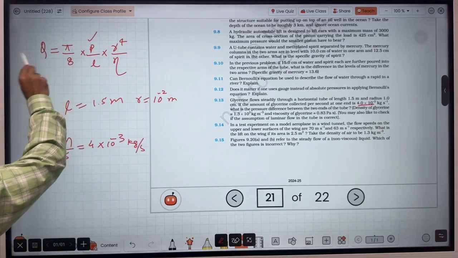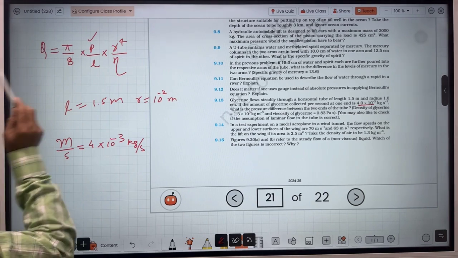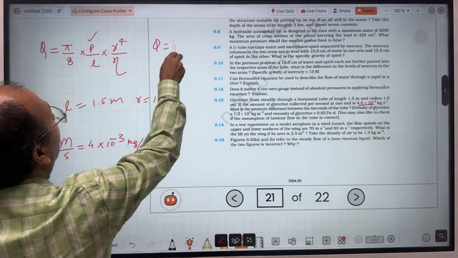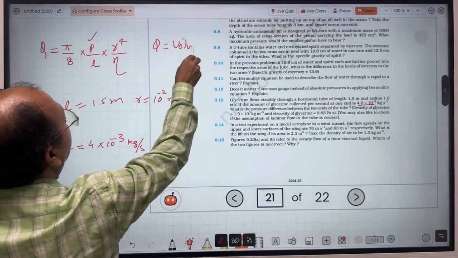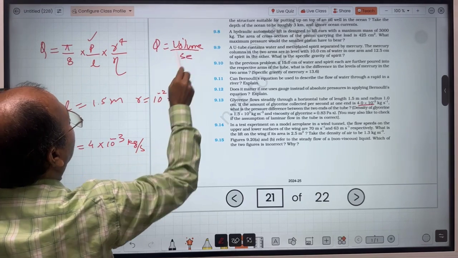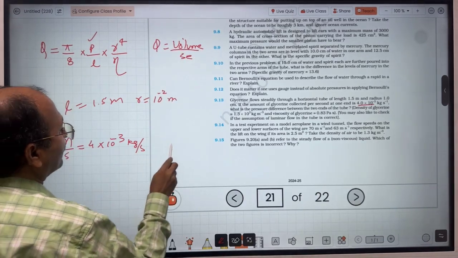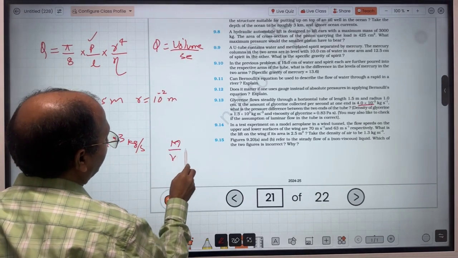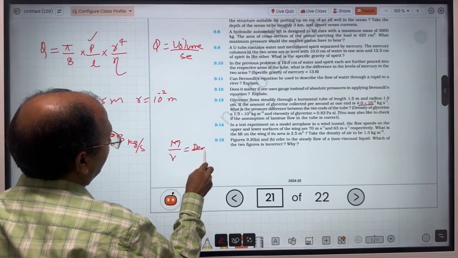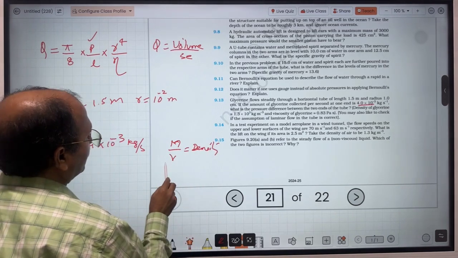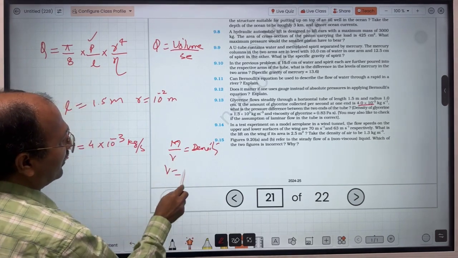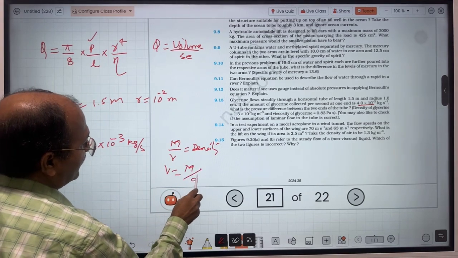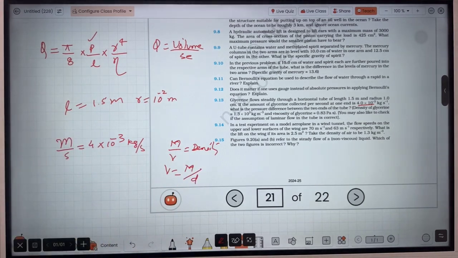And here Q tells volume per second. Keep in mind, here Q equals volume per second, right? So what we can do, mass upon volume equals density, right? So to convert it into volume, if we write mass divided by density, then our purpose will be served.